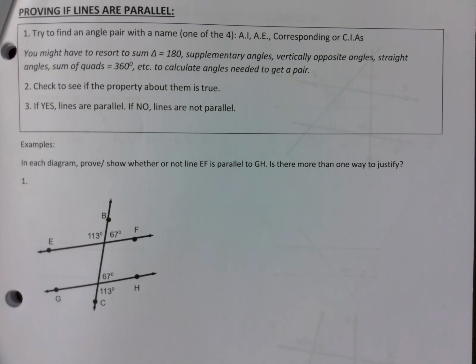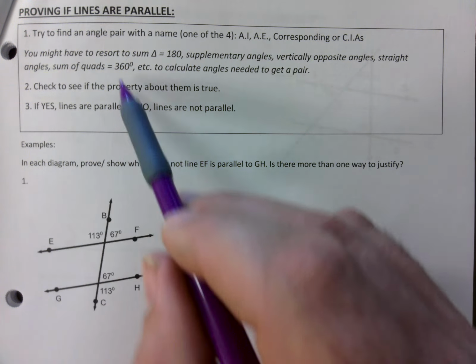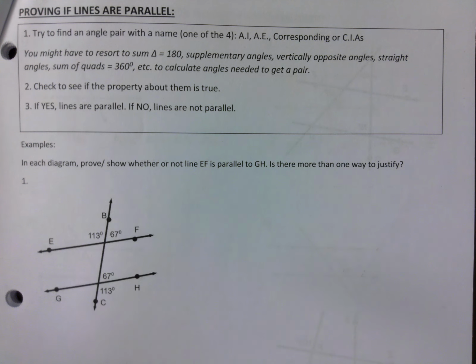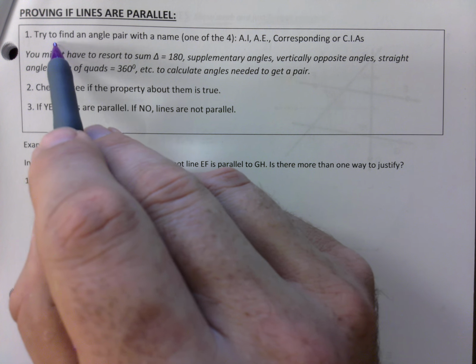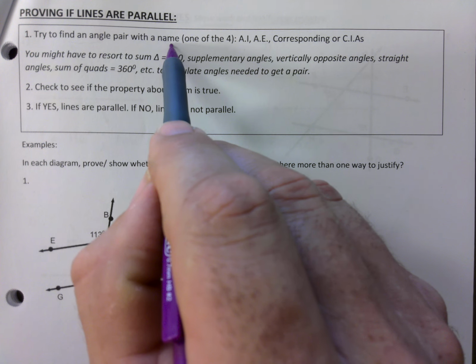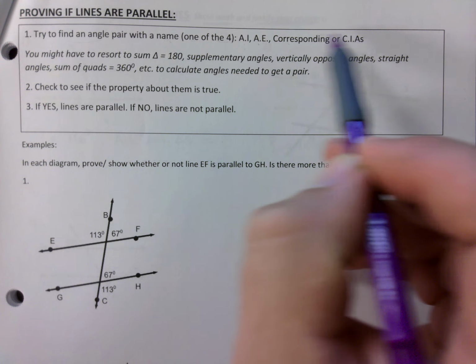If I'm asking you to prove or state why lines are parallel, page 7 gives you a little bit of a guide on how to proceed, even though you don't have to stick to it exactly. Number 1 is try to find an angle pair with a name: one of the 4, AIA, AEA, corresponding, or CIAs.